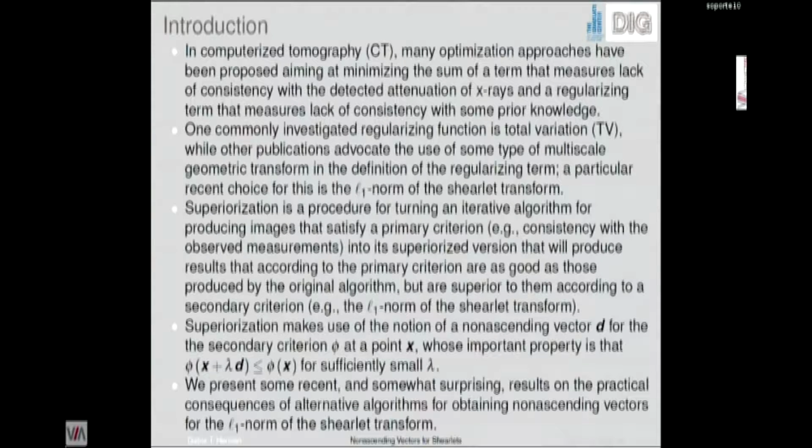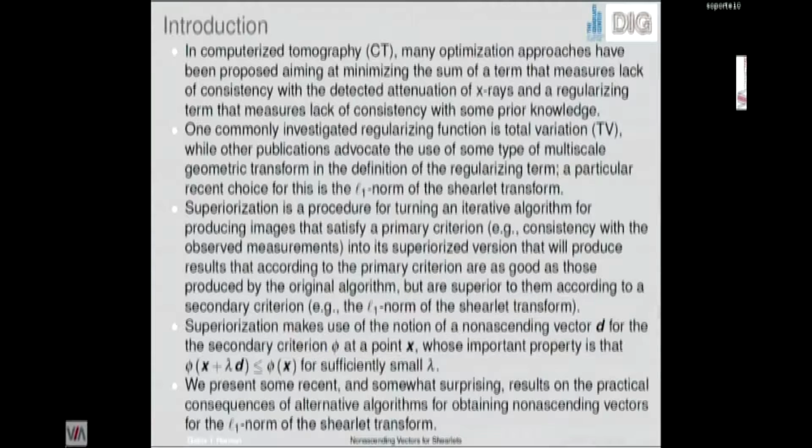Wavelets, curvelets, linelets, all kinds of lets. These are Shearlets. And the main idea is that if you take the Shearlet transform of an image, which is, say, noisy, and you get rid of the terms of the Shearlet transform which have a small coefficient, you probably retain all the important information in the image, but you get rid of the noise.